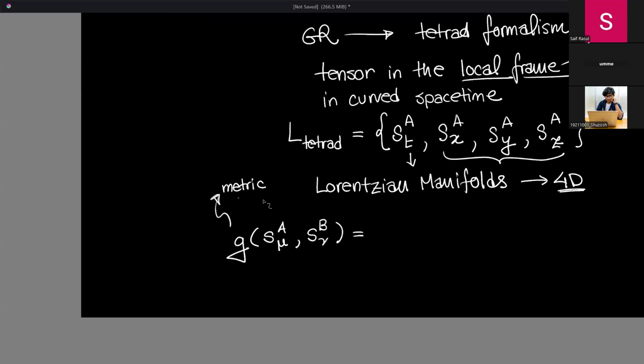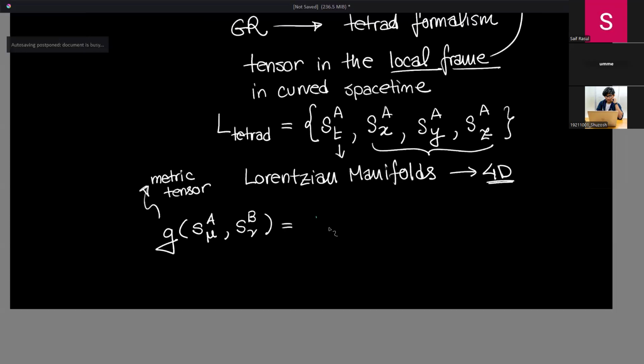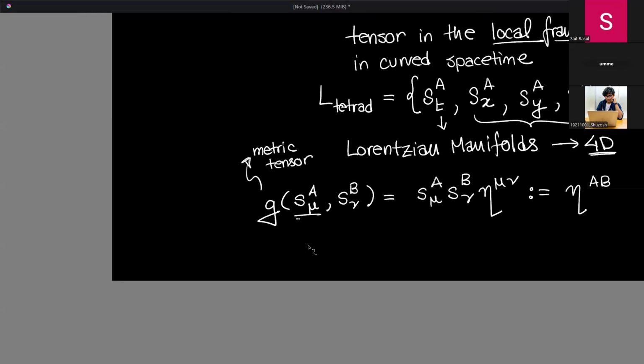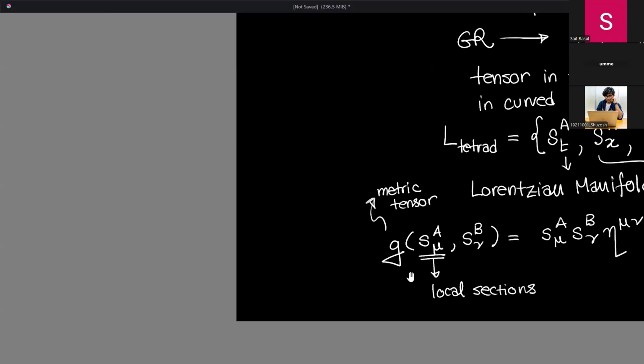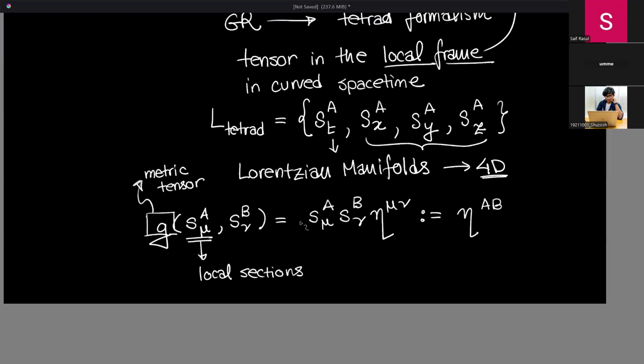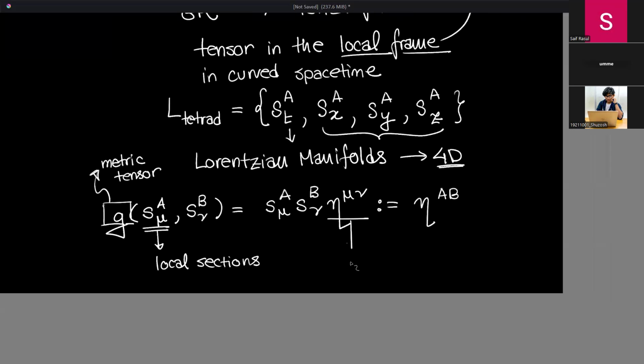And this is defined to be s_mu^A s_nu^B eta_mu nu, and I'm going to explain all of these symbols. We define this to be eta_AB. So we know these are the local sections. And we know that this is something called the metric tensor. I won't get too much more into that. This is something called the Minkowski metric.